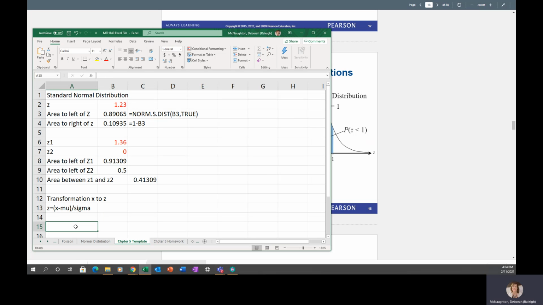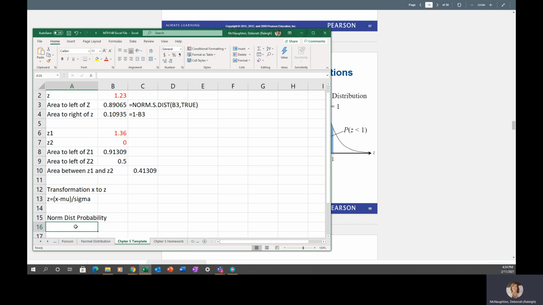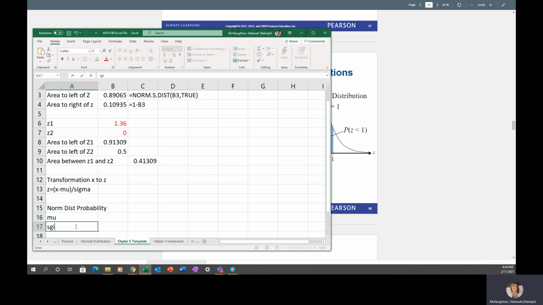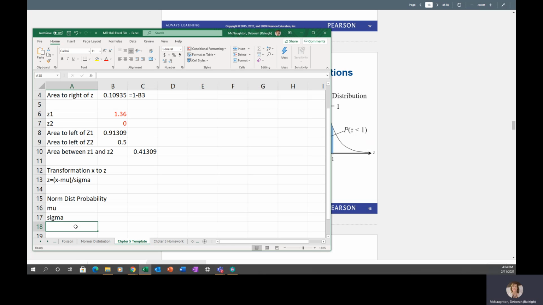So this is just a normal distribution probability. I need a mu and I need a sigma, and then I also need an x value.